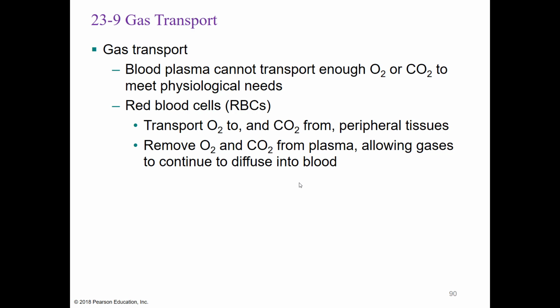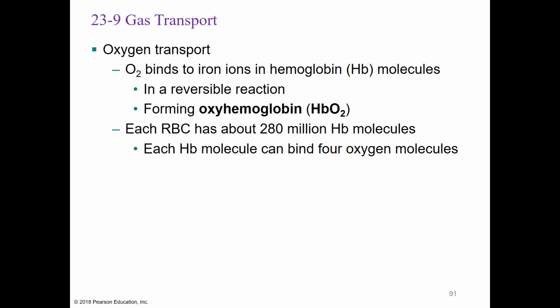What does the O2 bind to on the red blood cell? The O2 will bind to iron ions in the hemoglobin molecules in a reversible reaction. When our O2 binds to the iron in hemoglobin, this will form oxyhemoglobin.